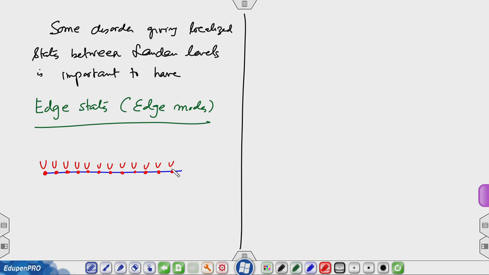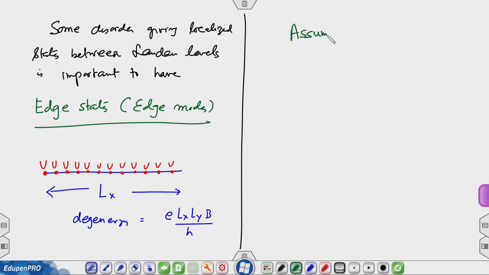Now, you see earlier I had taken the length of the sample in the x direction to be Lx, and that is how we got the degeneracy to be equal to Lx Ly B over h over e. Now, this kind of assumes that we are talking about an infinite sample even in the x direction.